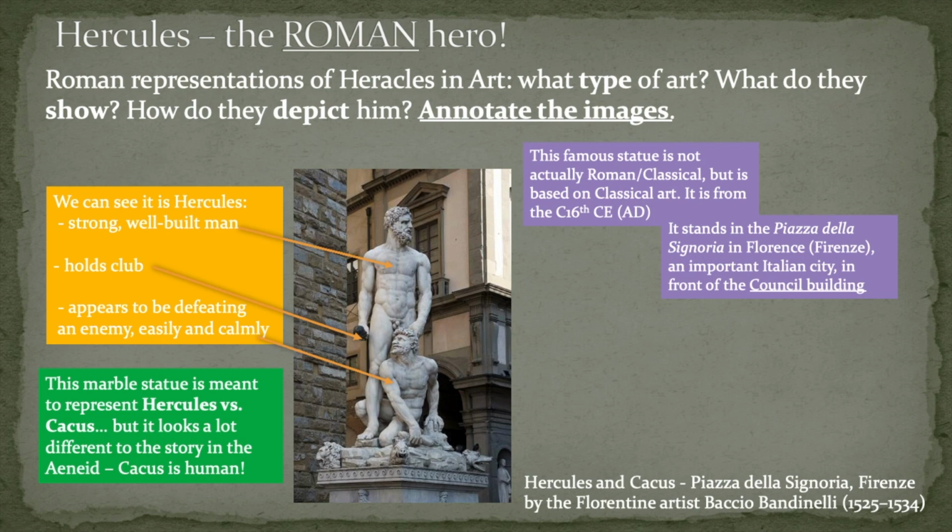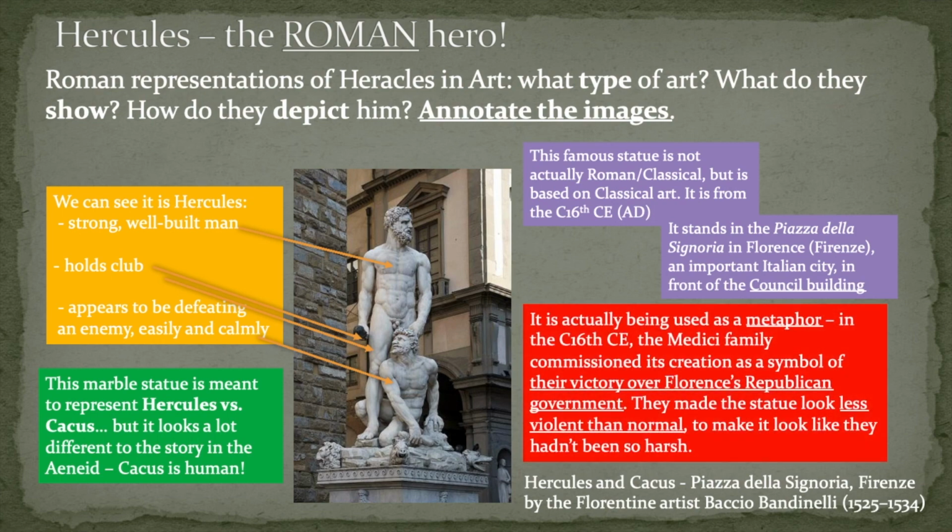This, in fact, is chosen to show you because it is an image of Hercules and Cacus that is a physical statue, and also because of what clearly Hercules came to represent even after the Roman period had ended. This has actually been used as a metaphor.